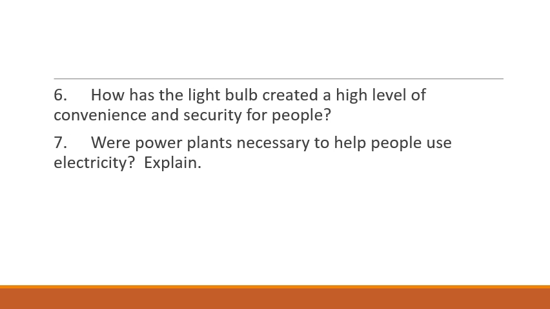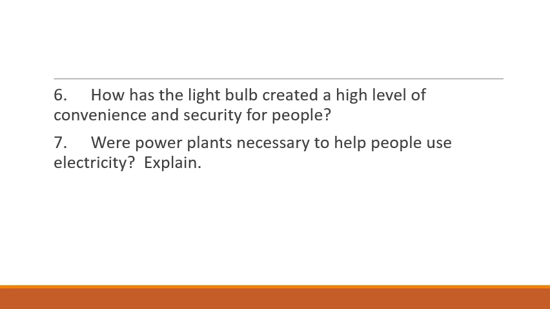Question number 6 is how has the light bulb created a high level of convenience and security for people? In order to address this question, you can of course talk about people without light bulbs, without electricity, they are not safe, they are not secured, especially at night, according to the article, because you can go out at night after the sun goes down if you have electricity, if you have a light bulb.